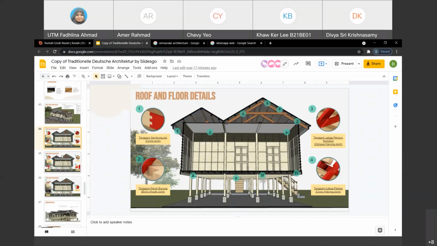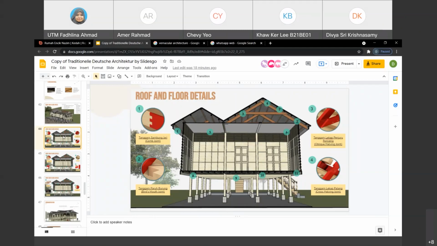The second one is tanggam paru burung, bird's mouth joint. That puts the rafter onto the beam, the tie beam. They create a bit of space there, the slot. Number 3, tanggam lekat penjuru runcing, the rafter.